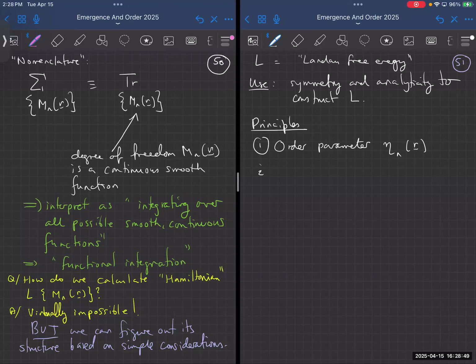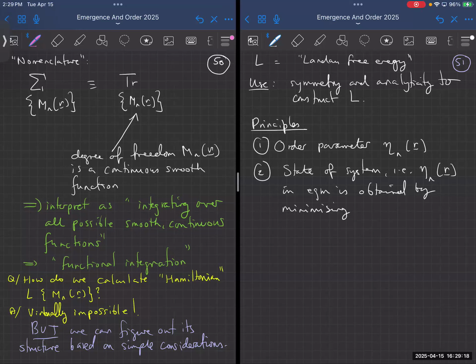Okay. Second thing is that the state of the system, just like in thermodynamics, i.e. eta lambda of r specifically in equilibrium, is obtained by minimizing.